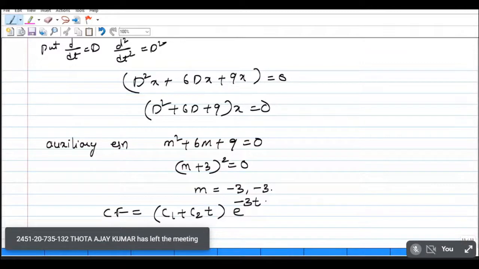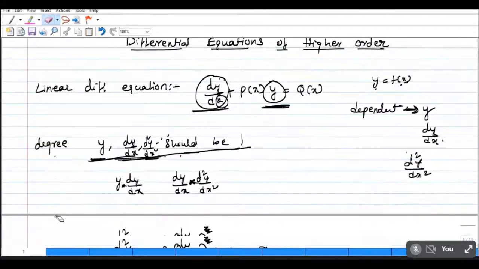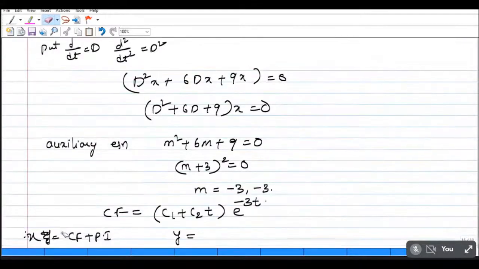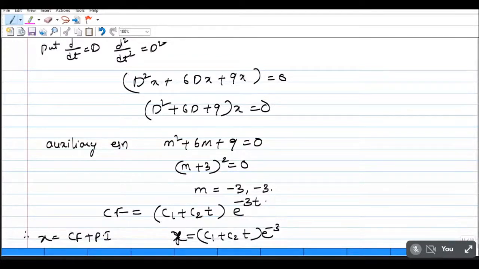Therefore, the complete solution is x equal to complementary function plus particular integral. Therefore, x equal to (C1 plus C2t) into e power minus 3t. Okay, completed.